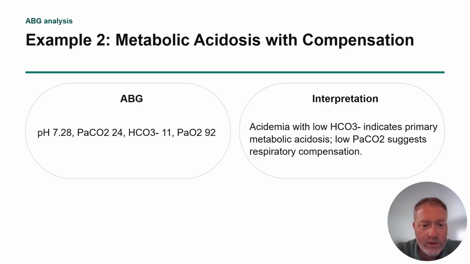Well, since the CO2 is low and the pH is not normal, it is partially compensated. So acidemia with low bicarb indicates primary metabolic acidosis. The low CO2 suggests a respiratory compensation.